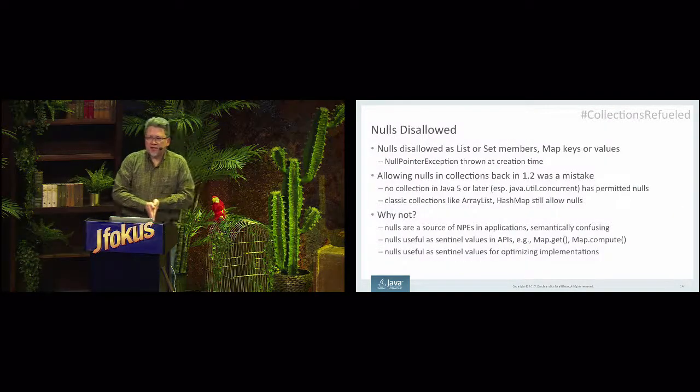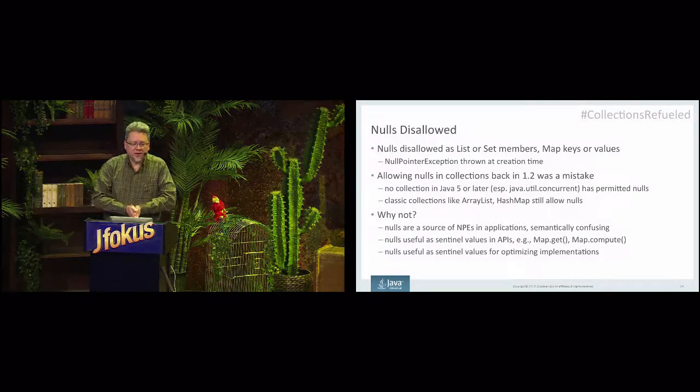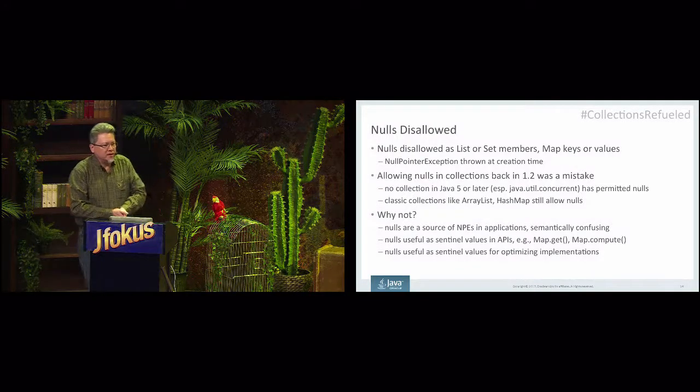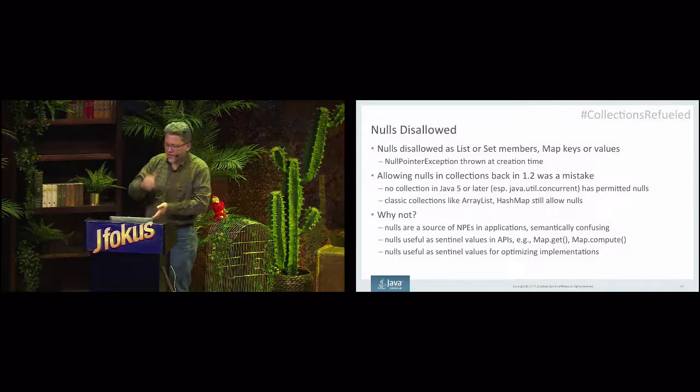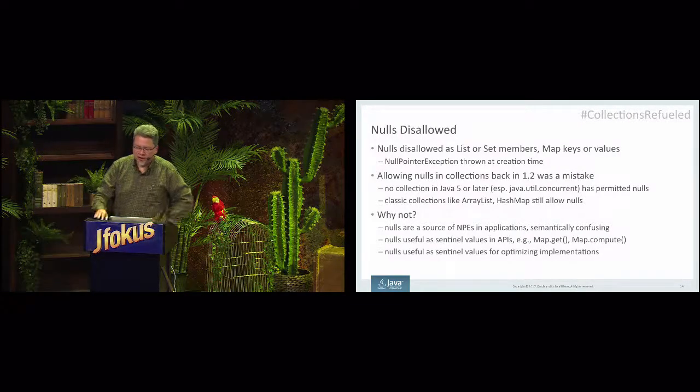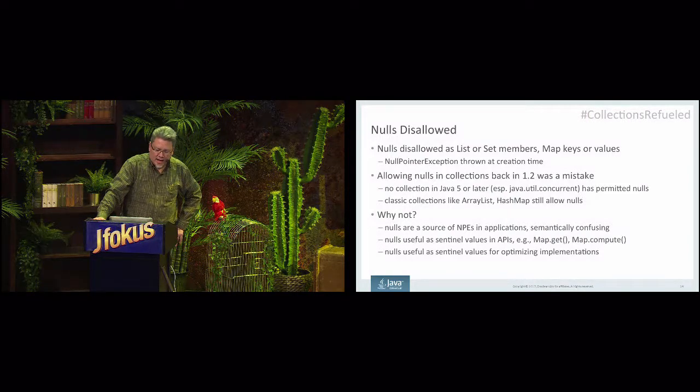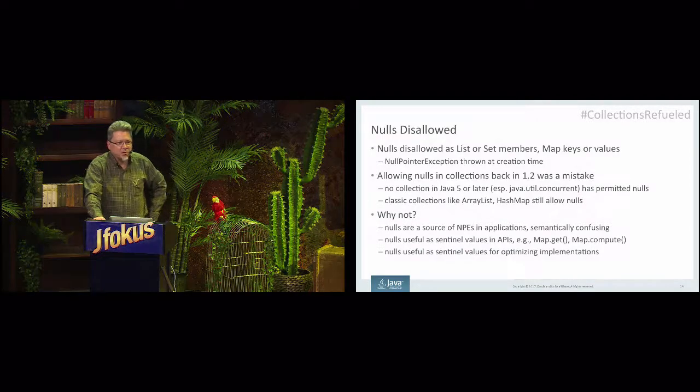All right, so moving on to the next characteristic of these collections, nulls are disallowed. There's lots of talk about nulls over the years. Tony Hoare called this the billion-dollar mistake, and Java has its own mistake in history with nulls.